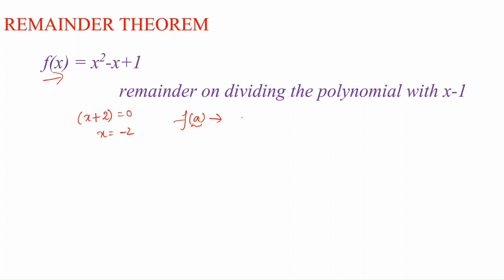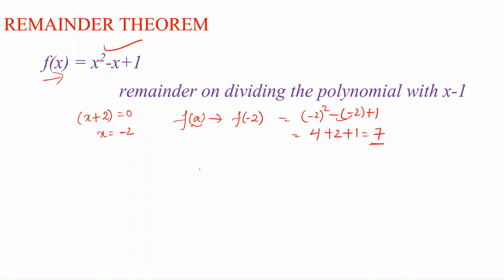So here we have to do f of minus 2. From the original equation, if we substitute minus 2, minus 2 whole square is 4, minus of minus 2 is plus 2, plus 1. This gives 7 as the remainder.